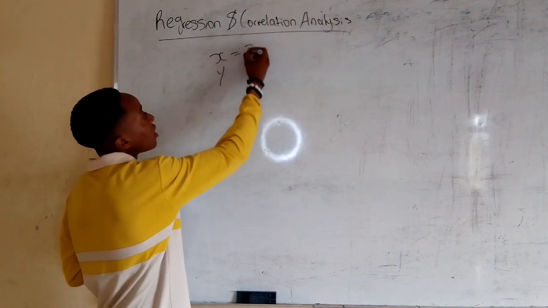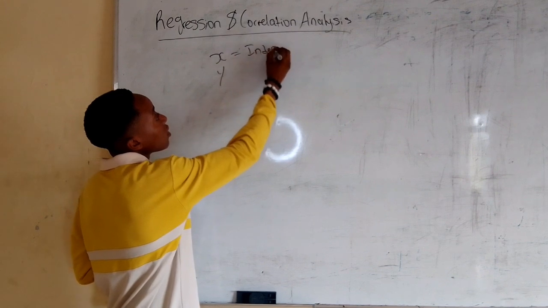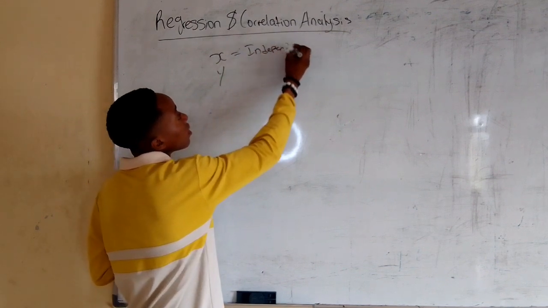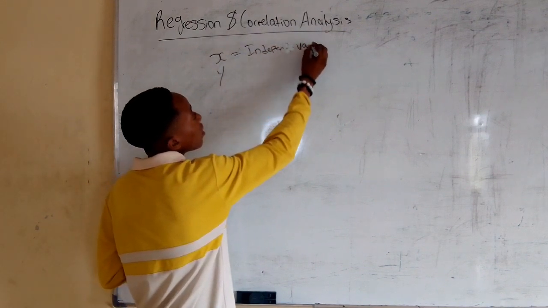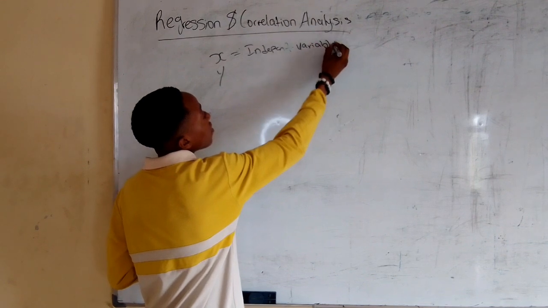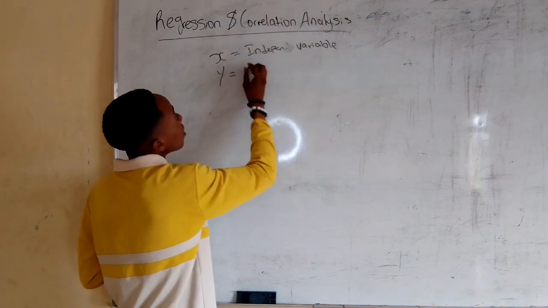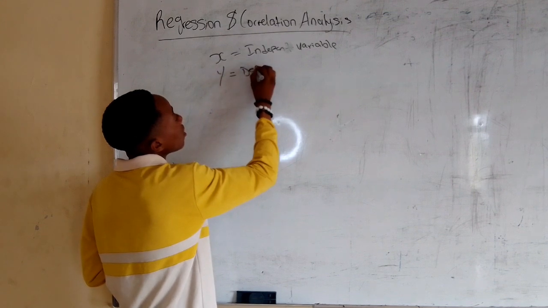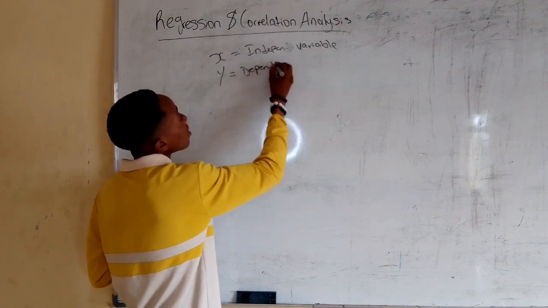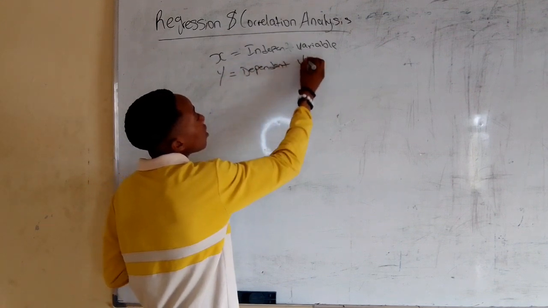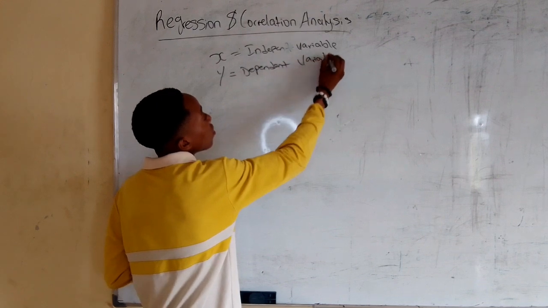X is our independent variable while y is our dependent variable.